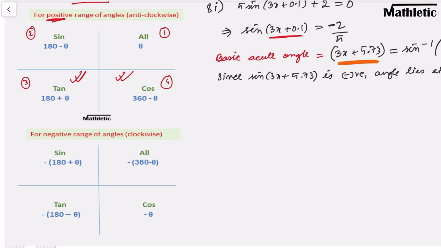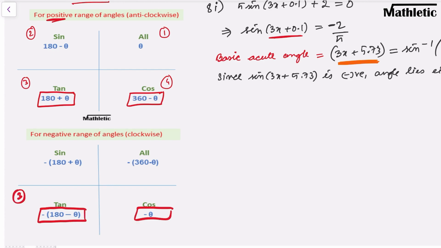And the quadrants were third and fourth, so I will be picking the formula from the third and fourth. These two are for the positive range, and this is also from the third and fourth quadrant. 1, 2, 3, 4. So third, fourth for the positive range, third, fourth for the negative range.